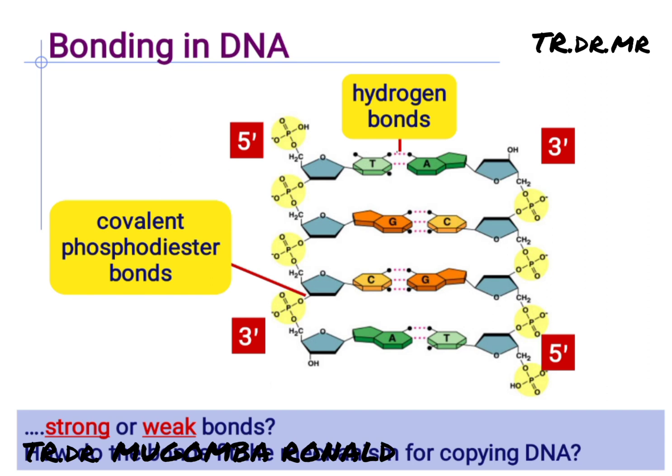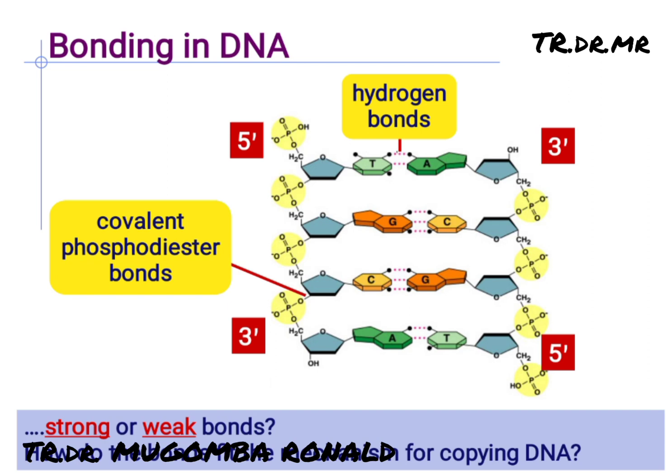So you can see the phosphodiester bonds. The phosphodiester bonds are formed between the 5' and the 3' carbon, and they are held in place by the phosphate making a bond with the hydroxyl group. So that is the phosphodiester bonds. They are covalent and they are stronger than the hydrogen bonds.